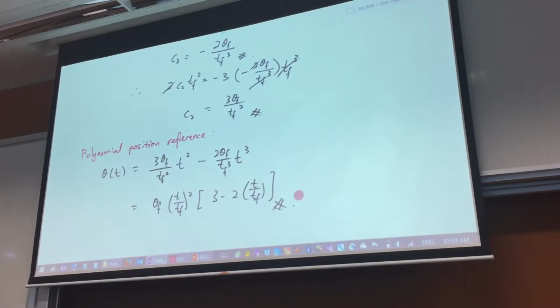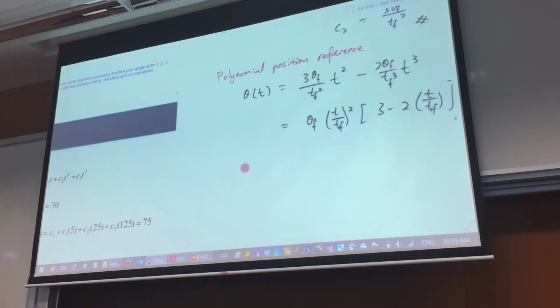If you're not asked for that, just solve all coefficients. So see what it is that you're being asked to solve in your problem. Okay, now we are solving it in terms of variables, theta I and theta F. Let's have an example. Let's see.